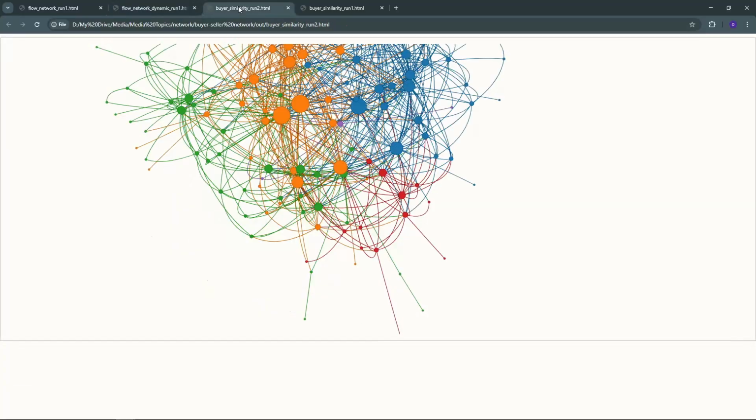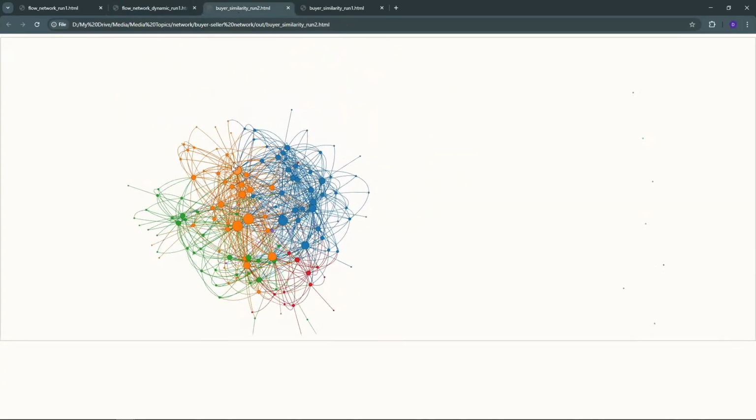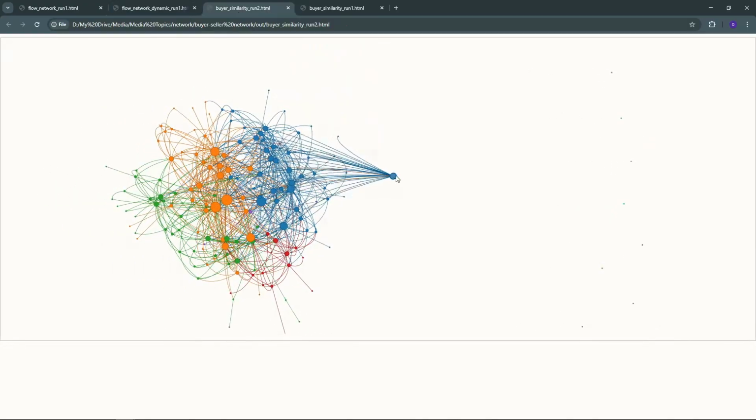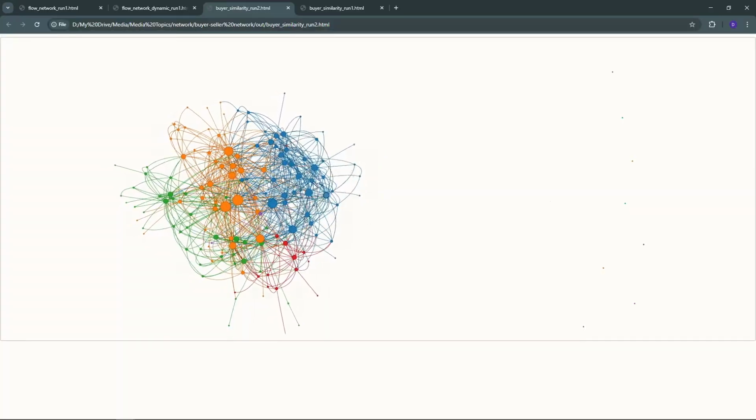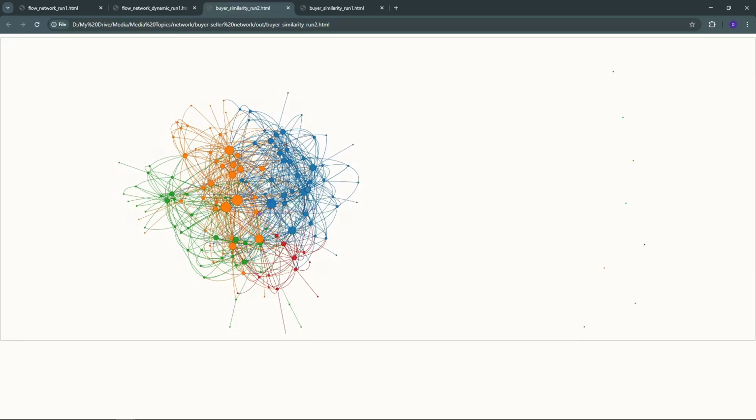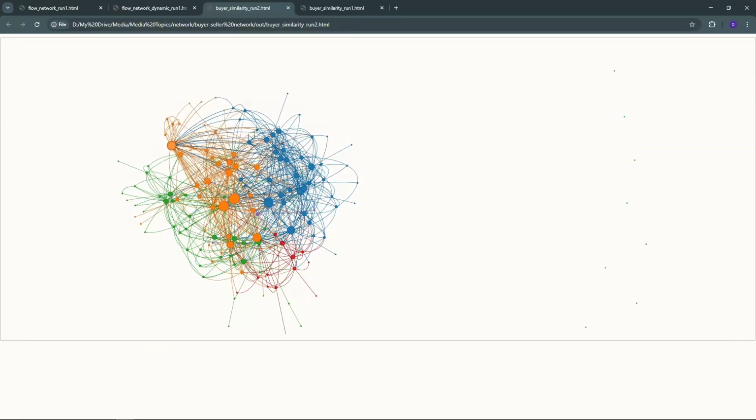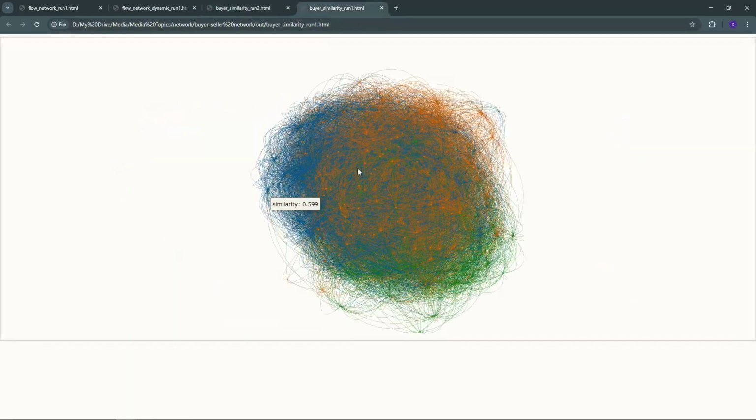Now let's look at the similarity. The similarity, this is what we had before. That's essentially what you have in the similarity piece, where this is one community, this is another community, and each of them is based on the sort of trading partners that they have.